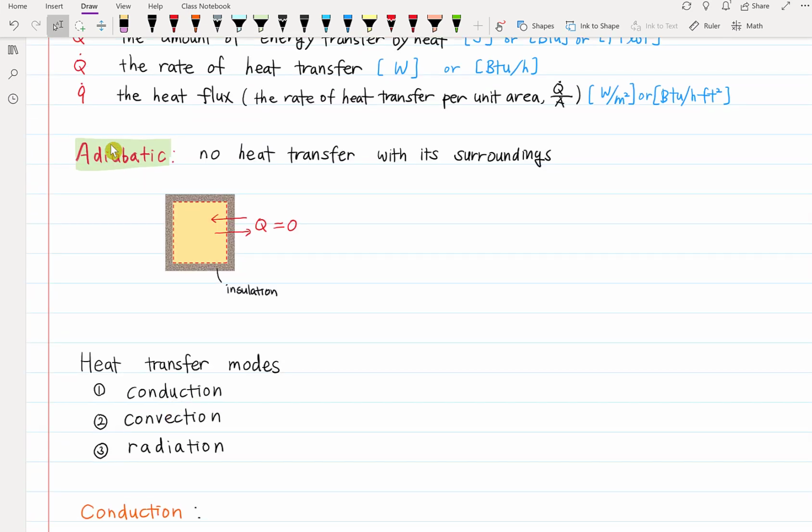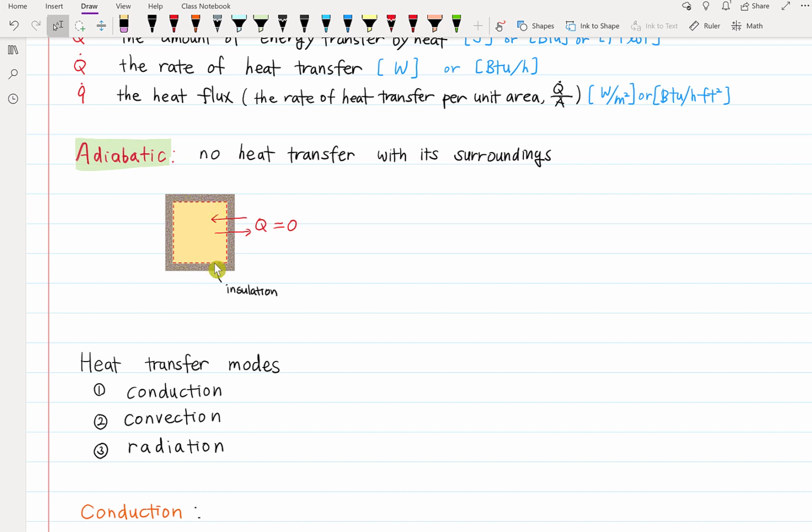Here is a new term we often use in thermodynamics: adiabatic. So no heat is transferred in or out of the system during an adiabatic process.